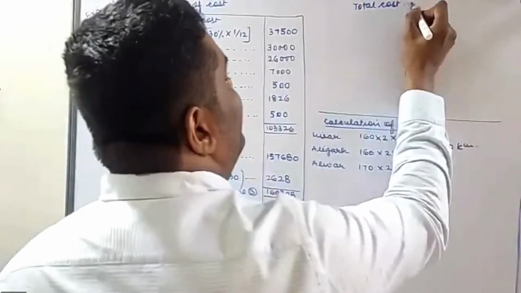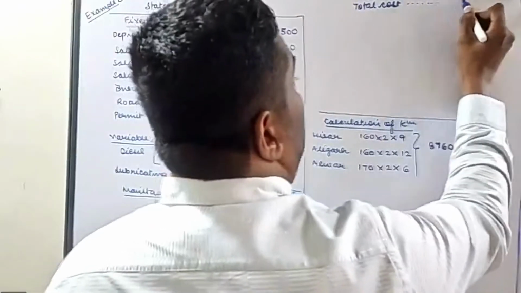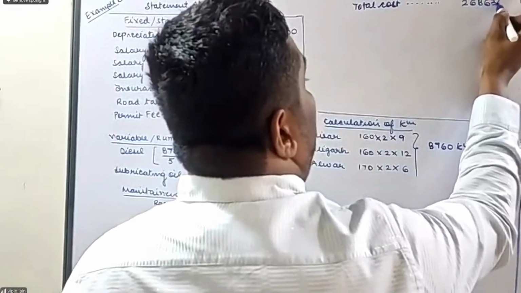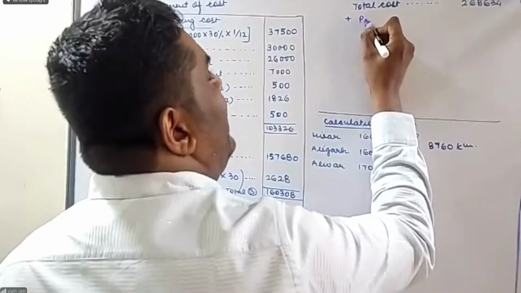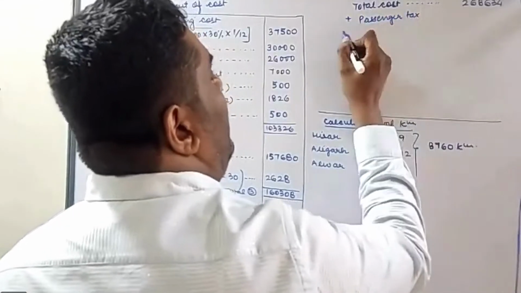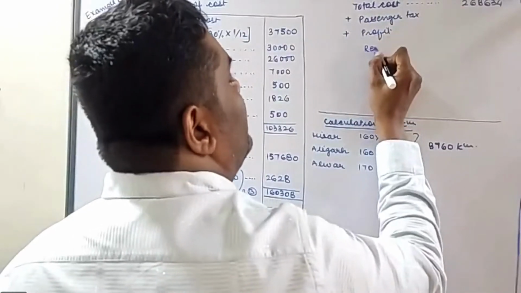Total cost we have calculated, it is 268,634. In this, we have to add passenger tax and profit to get the total revenue.